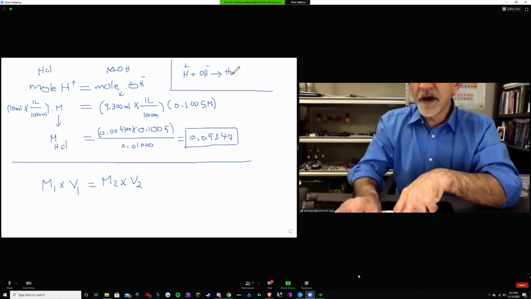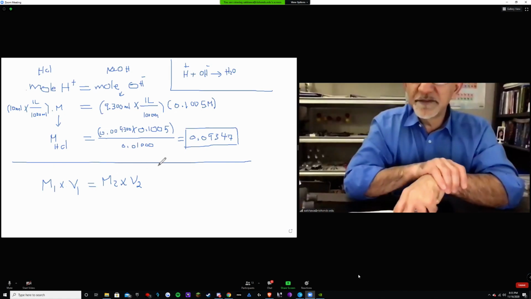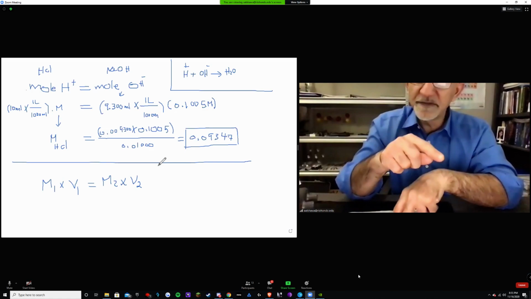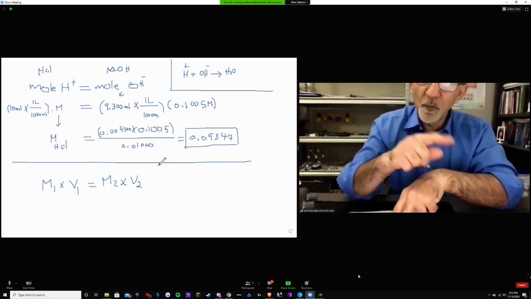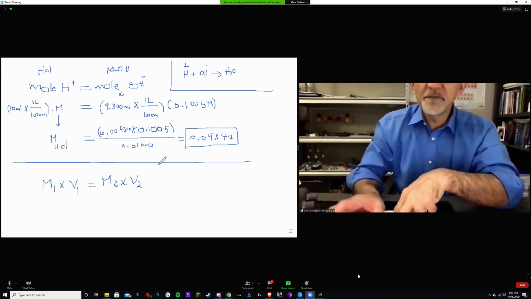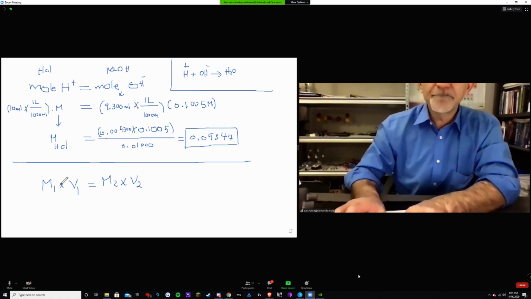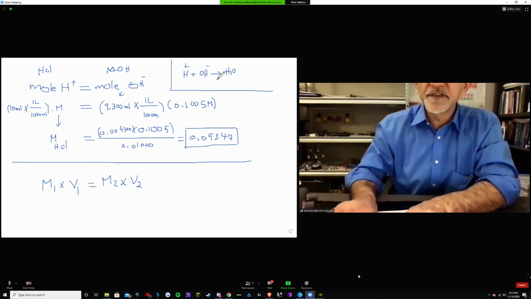Looking at that reaction, it's a 1-to-1 ratio, so that becomes your backbone. If the reaction between the acid and base is 1-to-1, 1 mole of the acid reacts only with 1 mole of the base, this is the way to start. It's similar to the dilution equation, but there's no dilution, there's an actual reaction, and that becomes vital and applicable for this case of a 1-to-1 acid and base.